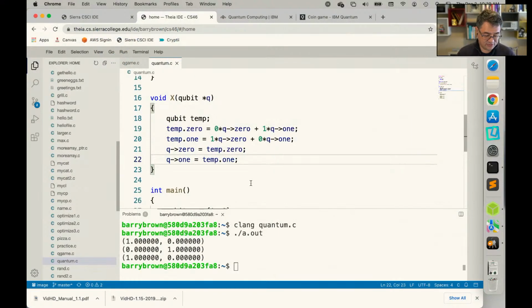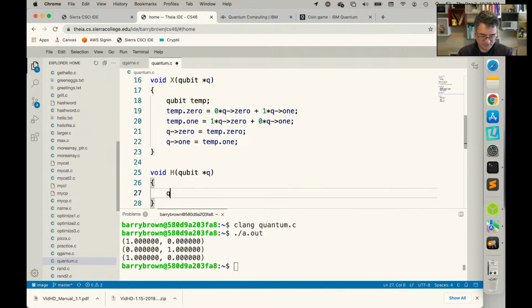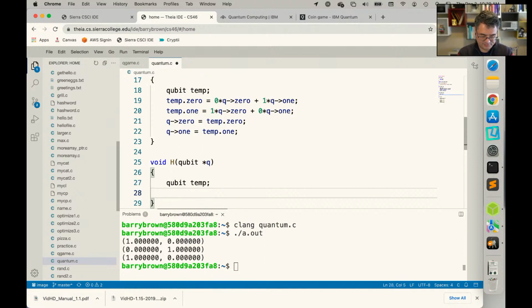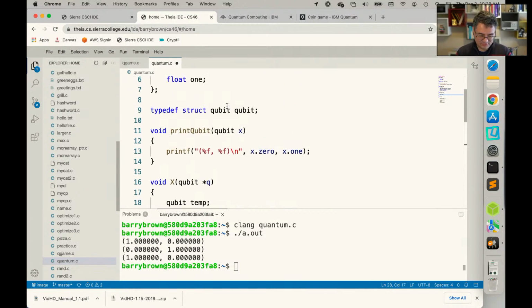Okay, so we can do that over here. Let's make an H. We take in a qubit pointer. We'll make a temporary one. And I am going to make a constant called R2 or something like that, because we do these 1 over root 2's all over the place, and I don't want to type that in over and over again.